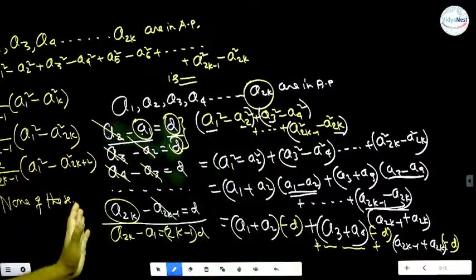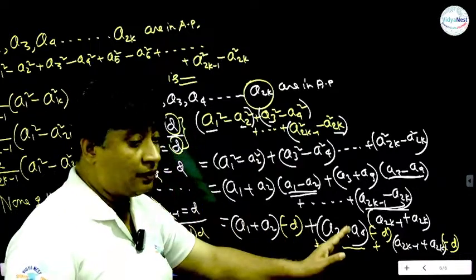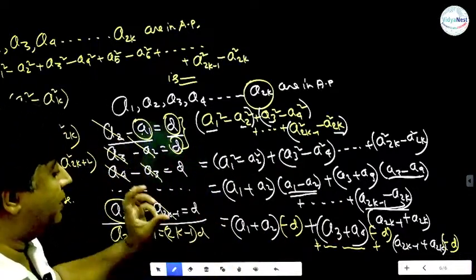So in this summation, in each term, we have got minus d as a common factor.